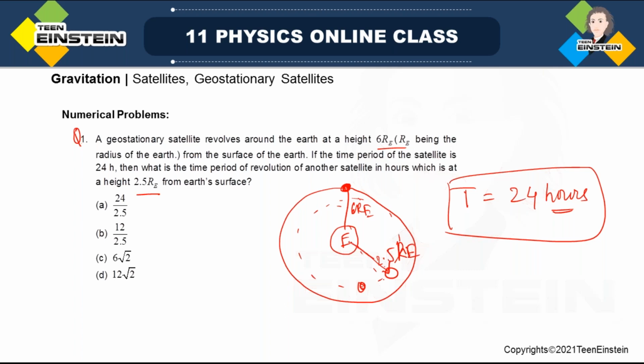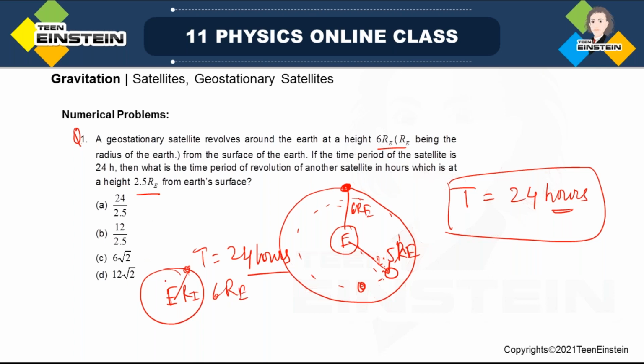I hope you have understood the problem. There is a satellite around the Earth, that is the geostationary satellite. For it, the time period of revolution is given. And what is given? The radius is given, R is equal to 6 RE.